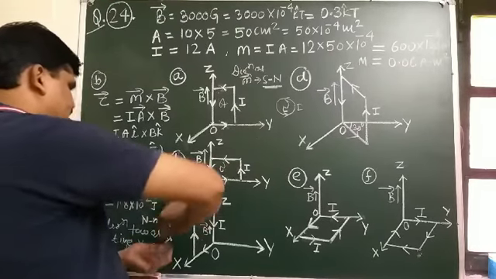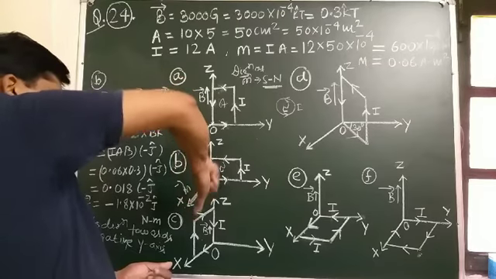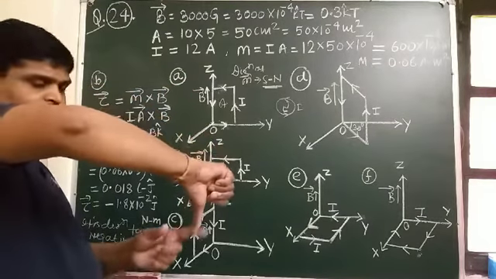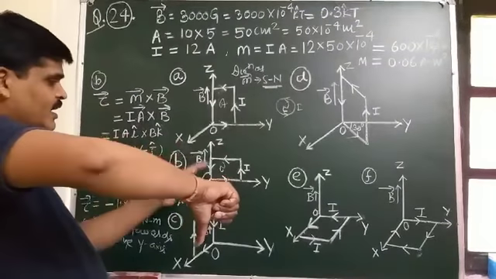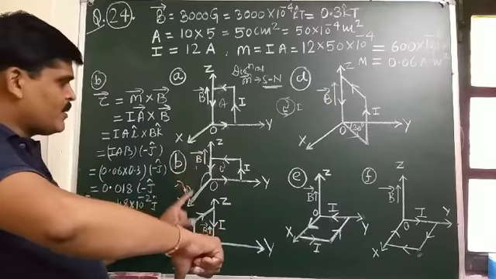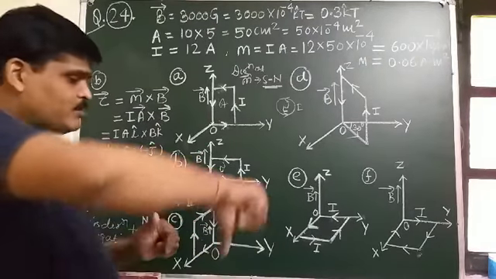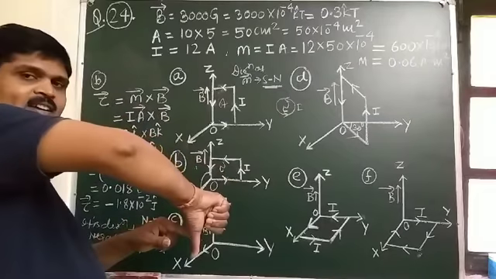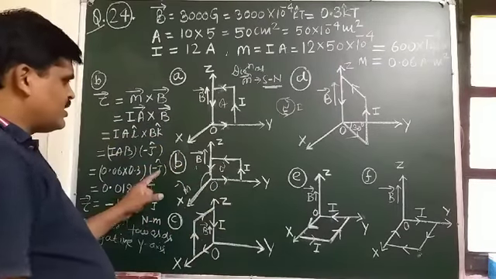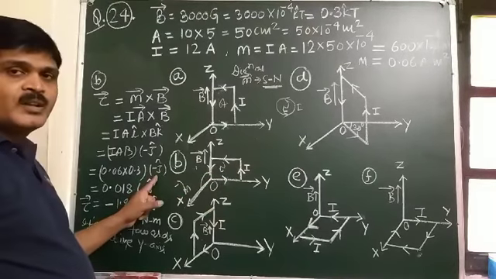If we rotate our stretched fingers towards the magnetic field, the direction of the thumb will give the direction of torque, which is perpendicular to the plane of xz, that is towards the y-axis, but in the downward direction. So the direction of torque is taken to be the negative y-axis.